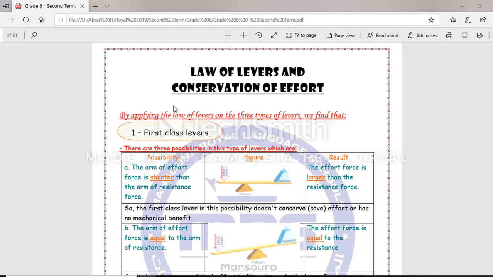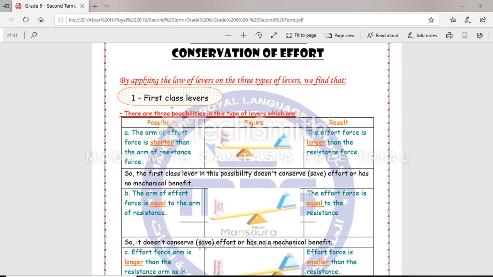By applying the law of levers on the three types of levers, we find that in the first class levers there are three possibilities. The first possibility is that the arm of effort is shorter than the arm of resistance, like in the following drawing. Here, the effort force is larger than the resistance force.